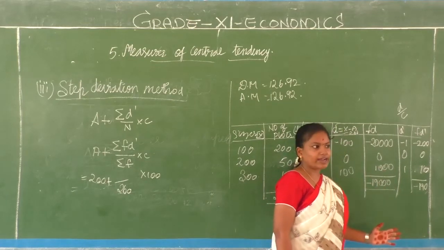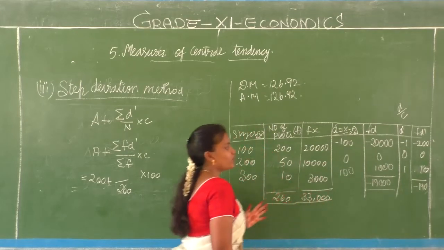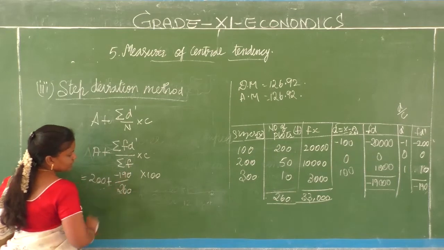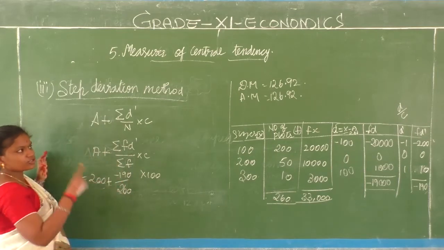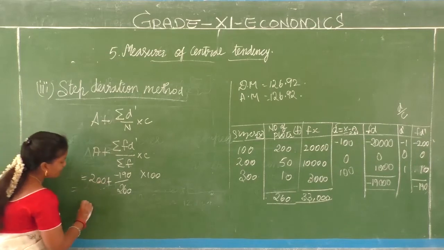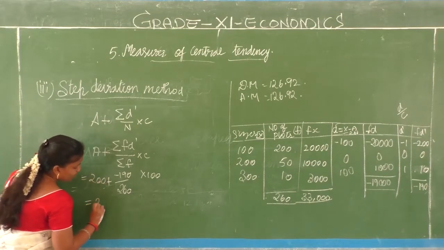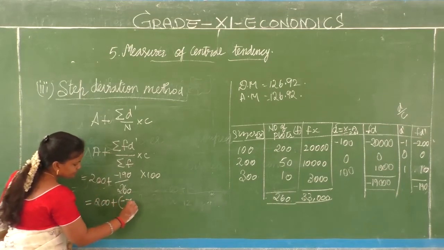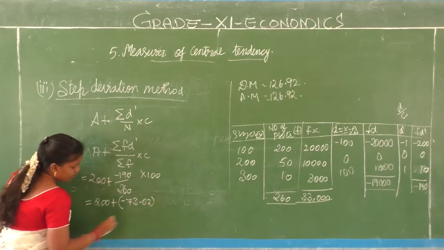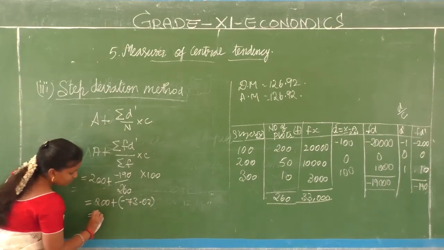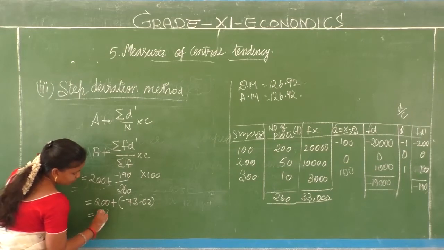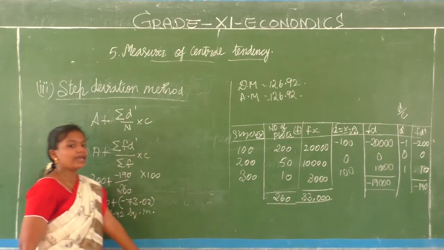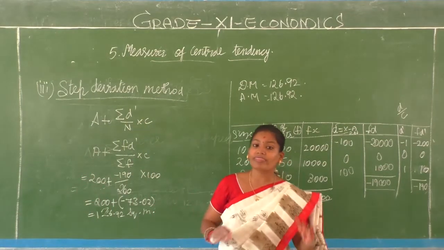Because minus 73, and then you get the final answer 126.92 square meter. Hence, in all three methods, you get the same answer.